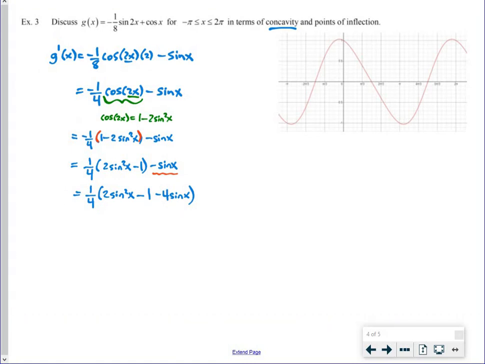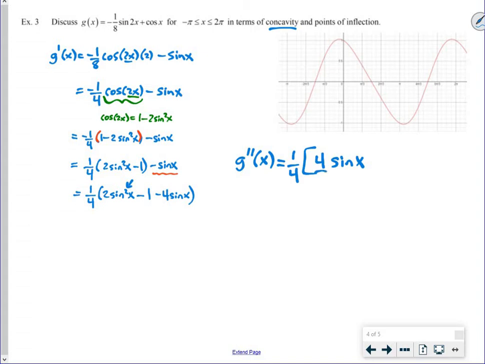Okay, so we have the first derivative purely in terms of sine, which is nice, and there's no double angles in there. If I take the second derivative now, it's going to be 1/4, and hopefully you might see that our work pays off a little bit here. The derivative of 2 sine squared x will be 4 sine x, right, because we got to deal with the exponent. So drop the exponent by 1 and multiply out front by 2.